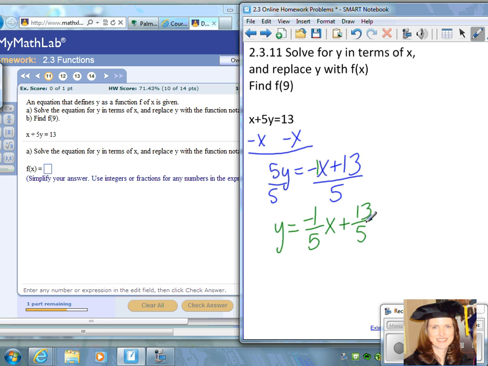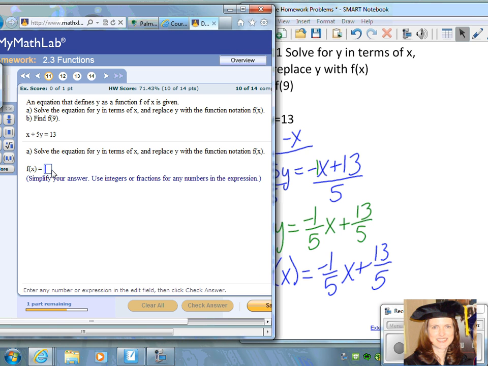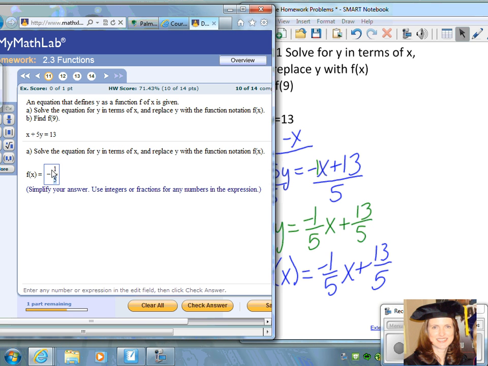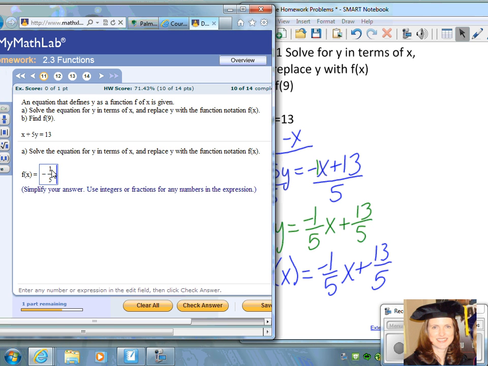Now we want to replace the y with f of x. So we get f of x equals negative 1/5 x plus 13 over 5. Enter the answer. Plus 13 over 5. And check.